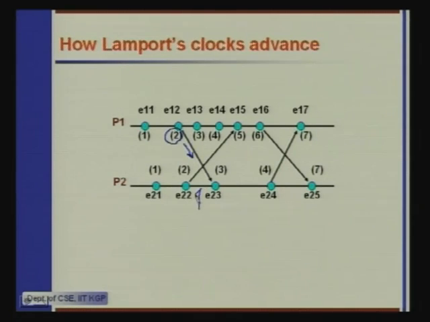Now, the value of clock here is already 3. Why? Because after stamping this it became 2, after stamping this it became 3, right. Now, this one has a value of 2, so 2 plus 1 is also 3. So, the max of these two is 3. So, it gets stamped by 3.